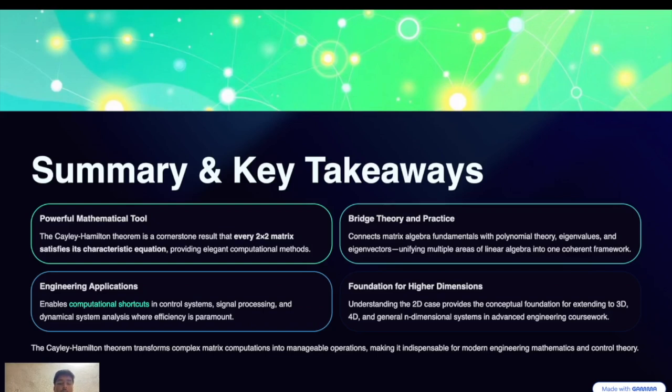It also makes a foundation for higher dimensions. Understanding the 2D case provides the conceptual foundation for extending into 3D, 4D, or generally n-dimensional systems in advanced engineering coursework.